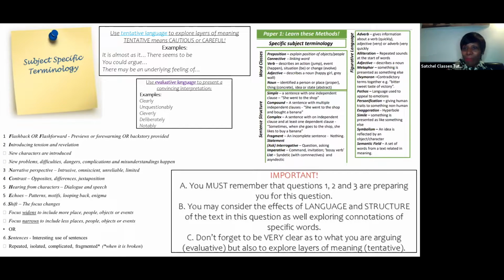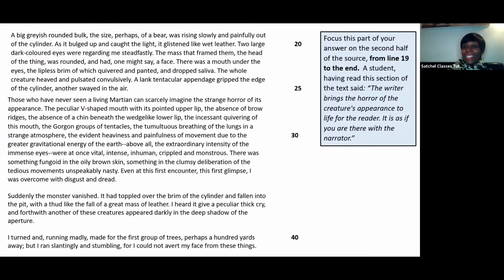You might look at disequilibrium and how problems are introduced, rising action. You might talk about the narrative perspective and the use of contrast and juxtaposition. You might talk about shifts, how things shift, and you might talk about sentences. So you might talk about language, you might talk about structure, and you're evaluating whether or not that statement is true or false. Let's look at the actual source.